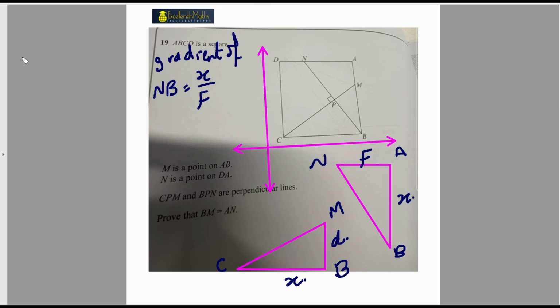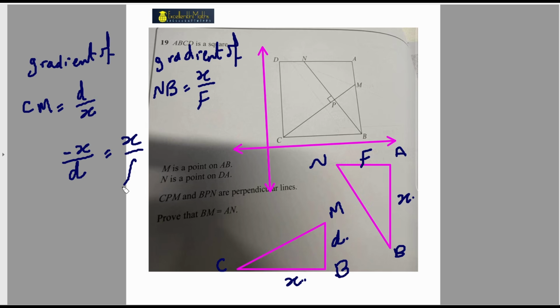So the gradient of CM is the vertical divided by the horizontal, which is d over x. These two are perpendicular gradients. It means if you take the negative reciprocal of one of them, you can make it equal to the other. So let us use this one to find the negative reciprocal. So it means negative x over d is supposed to be the same as x over f.